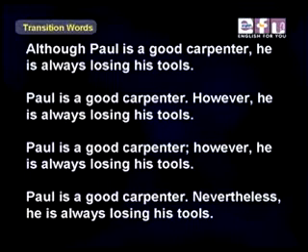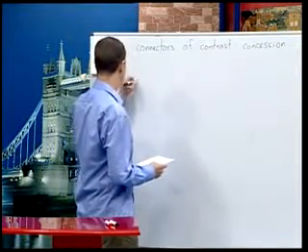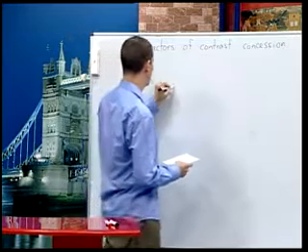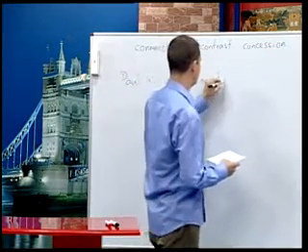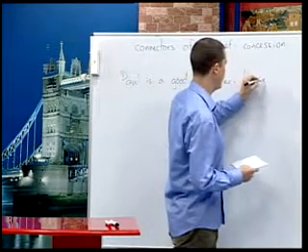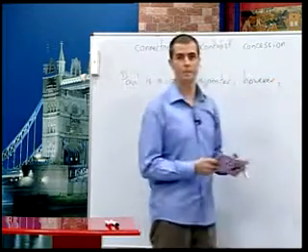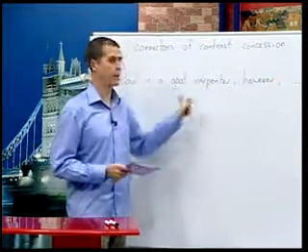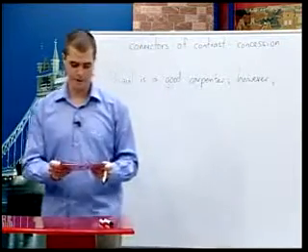When this happens, the first clause ends with a semicolon. So we have: Paul is a good carpenter; however, comma. When we have however in the same sentence, it must be a semicolon, however, comma.